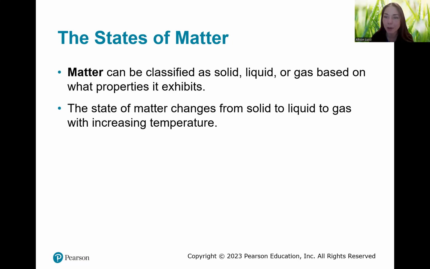When we talk about molecular geometry, it will make sense why solid water floats on liquid water, whereas for most other matter, a solid phase would sink in its liquid phase because molecules or atoms are packed tighter together in solids than they are in liquids usually.